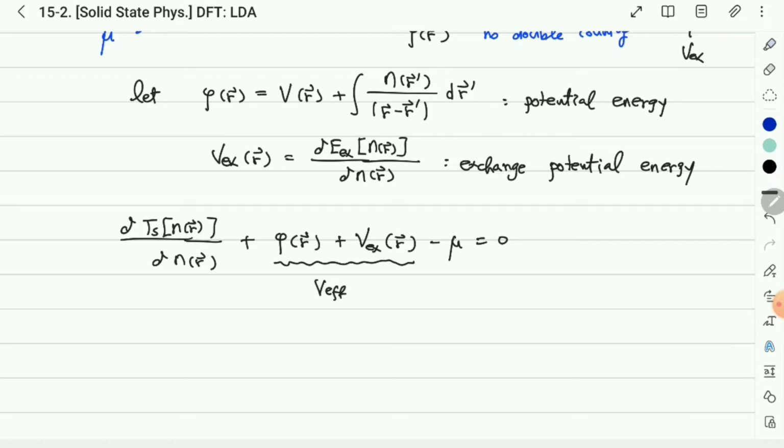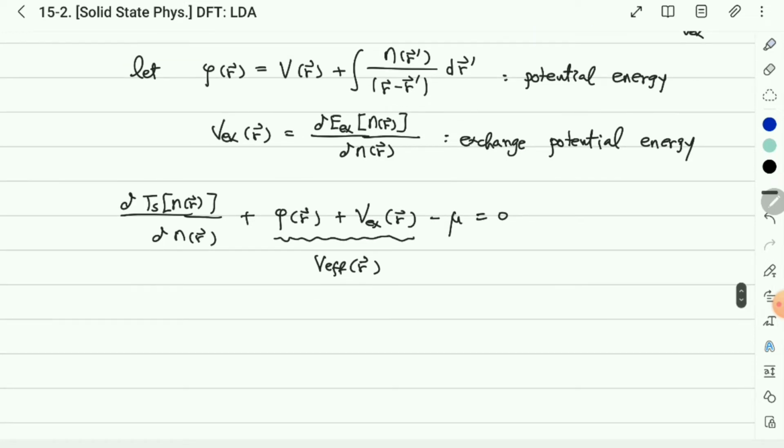It is the effective potential. And therefore by using this equation, we can get the Kohn-Sham self-consistent single particle equation, which is a Schrödinger equation.